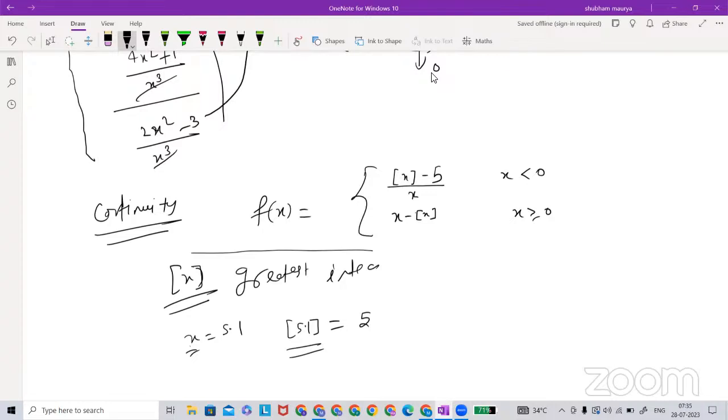At 0, will it be continuous or not? No, sir, not. Why? What is going to be the left limit at 0? Will the left limit exist or not?